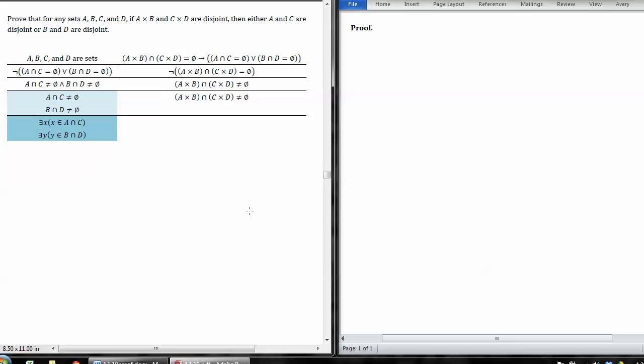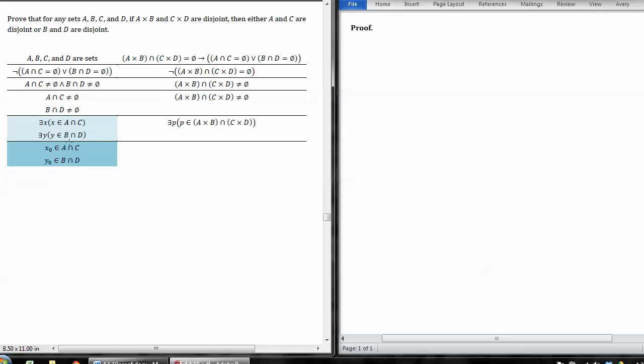And then let's write out the definition of what it means for A and C to have a non-empty intersection. It means there exists some x, which is in the intersection. And similarly, there exists y, which is in the intersection of B and D. And similarly over here, for these two Cartesian products to have a non-empty intersection means there exists some p, which is in both.